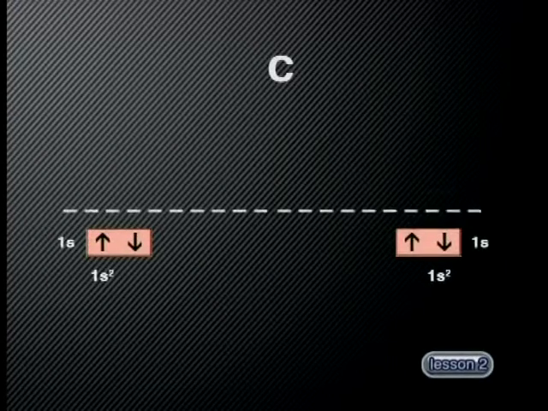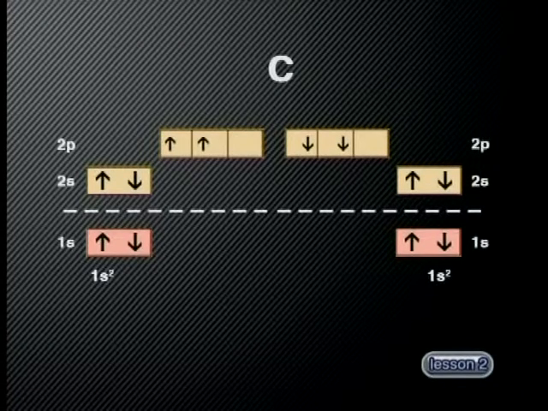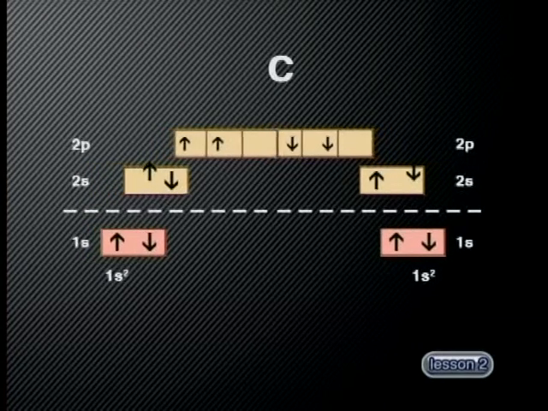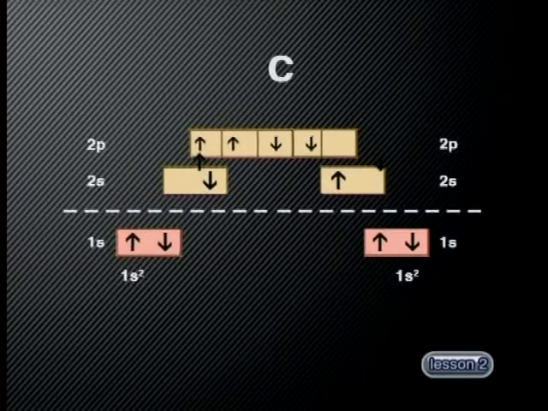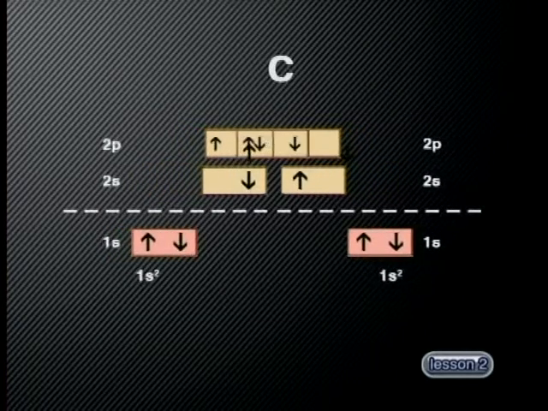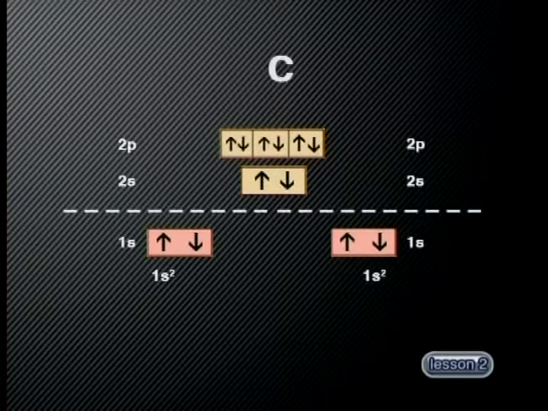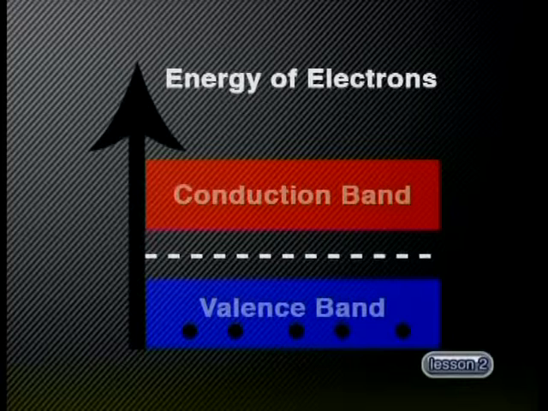When the non-metal atoms bond together to form giant molecules, they share electrons and fill the valence energy level of each atom. This type of chemical bonding results in a valence band in which the electrons are tightly held. In addition, the empty or unfilled energy levels of non-metal atoms that make up the conduction band are only found at higher energy levels further away from the nucleus in non-metals than in metals.